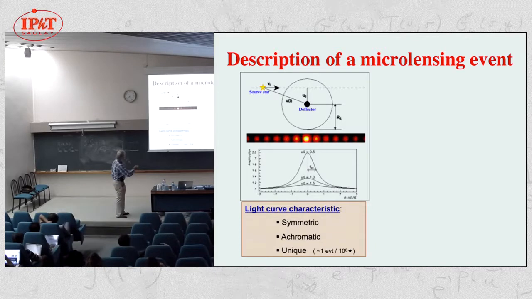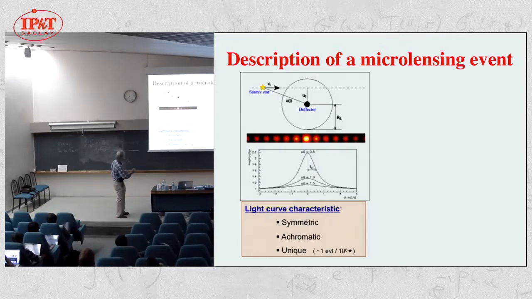This is the minimum impact parameter, and it is correlated with the maximum magnification you expect. This is what you will see in your telescope, assuming the same observation conditions, and this is the light curve you observe.